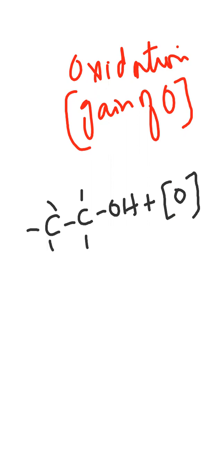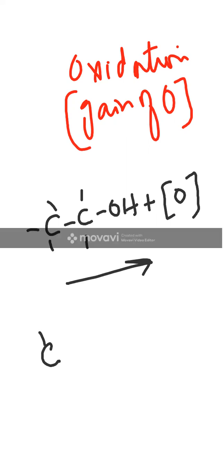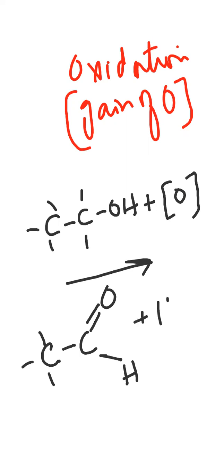What will happen here? The compound will be CH3CHO, C with three hydrogens, C double bond O, H, plus water. This is called oxidation.